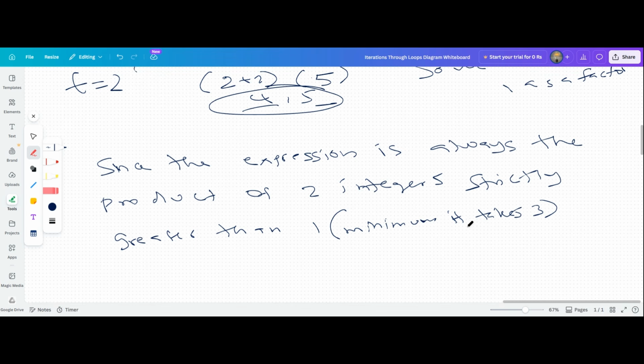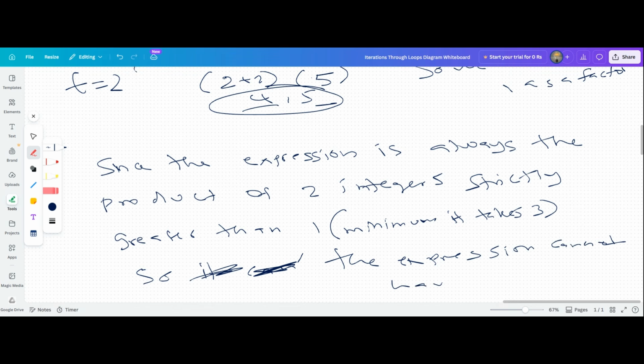So the product of two integers strictly greater than 1, it basically won't take 1, so the expression cannot have a prime number.